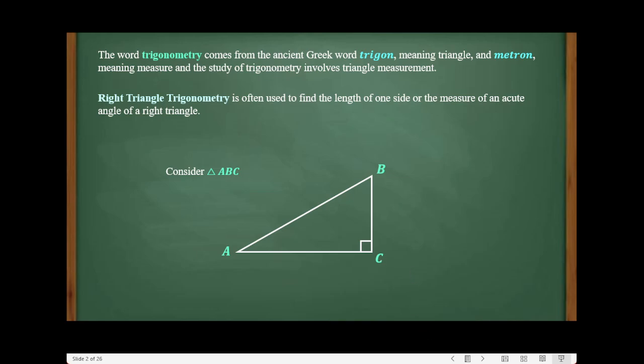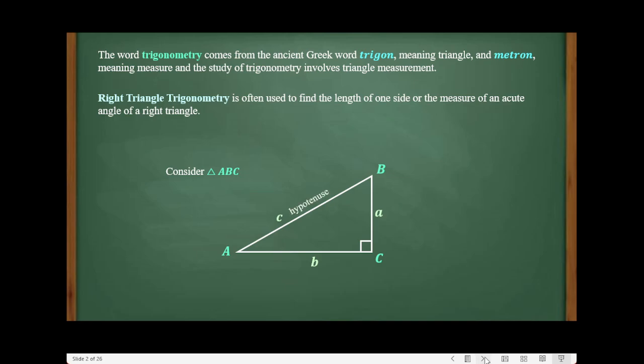Now, let us denote the length of the three sides by three small letters. The longest side is denoted by small letter c, and the other two sides, or the two legs, are denoted by small letter a for the shorter leg and small letter b for the longer leg.